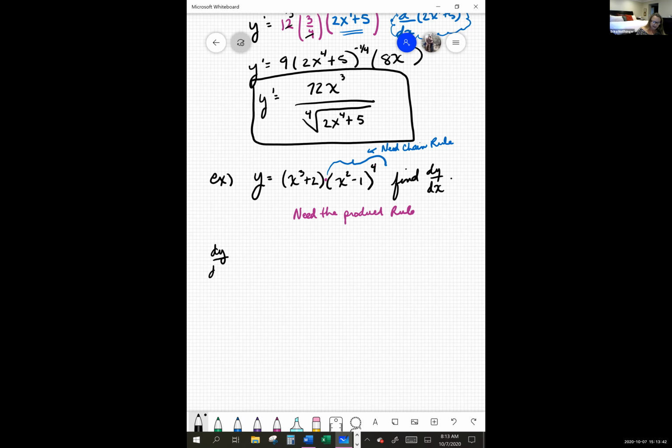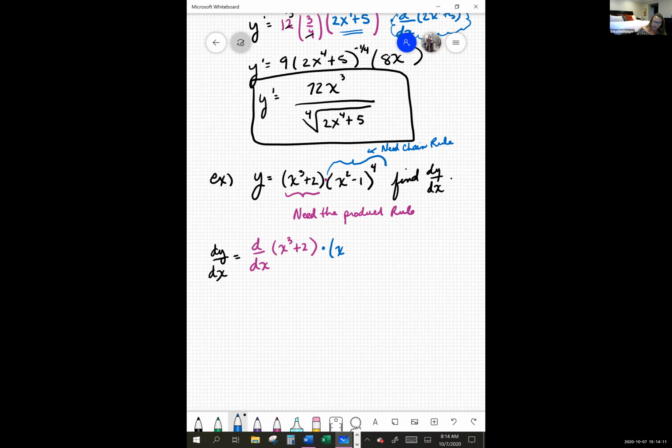So dy dx. Right now I'm not going to take the derivative of anything. I'm just going to write out what we would do using the product rule. So derivative of the first: d dx of the first, which is our x cubed plus 2 function, times our second function, not doing anything to that.